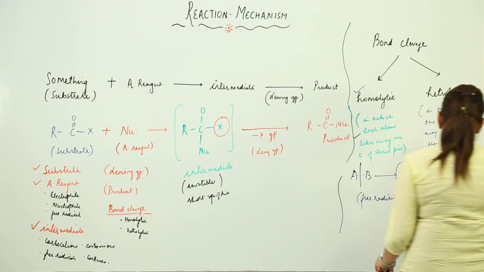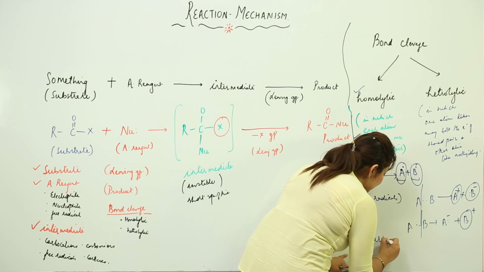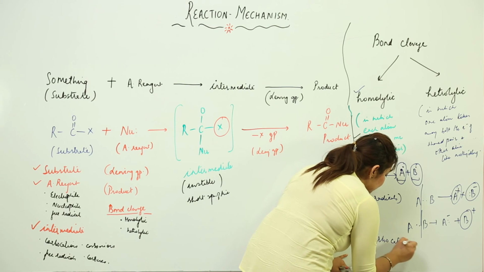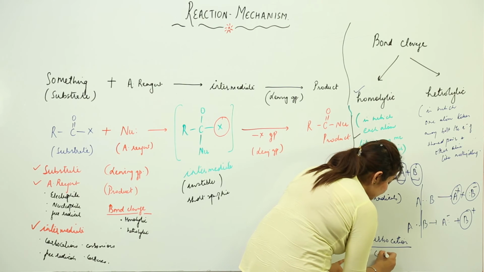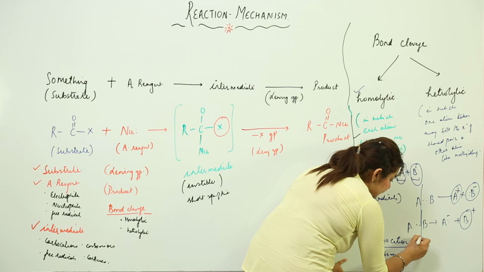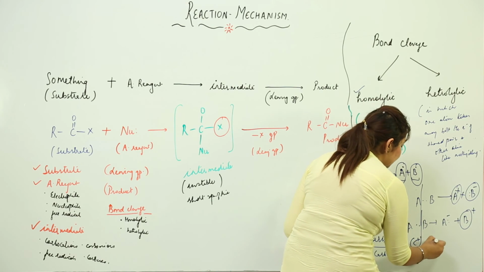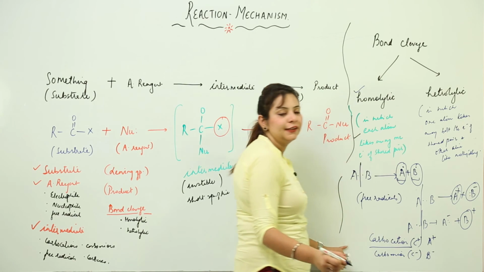And you know that the atom with a positive charge is called a carbocation, and the one with a negative charge is called a carbanion. So this is carbon with positive charge and this is carbon with negative charge, or you can say a group with positive charge and a group with negative charge.